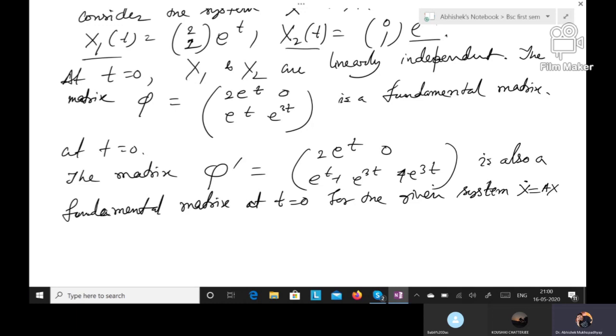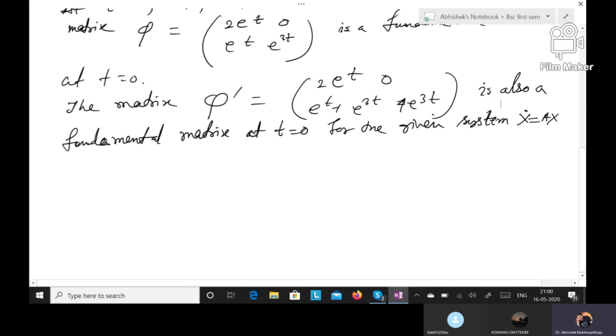The definition of fundamental matrices will give a necessary and sufficient condition on a matrix to be a fundamental matrix, which is as follows. Suppose a 2 cross 2 matrix phi is given.